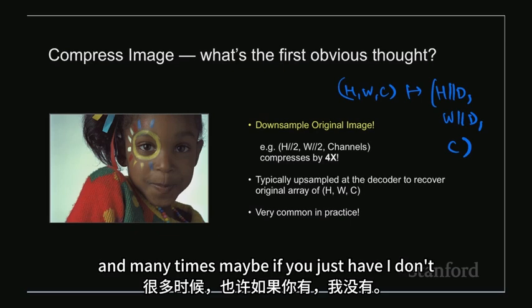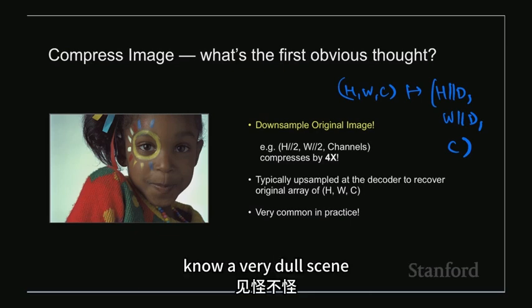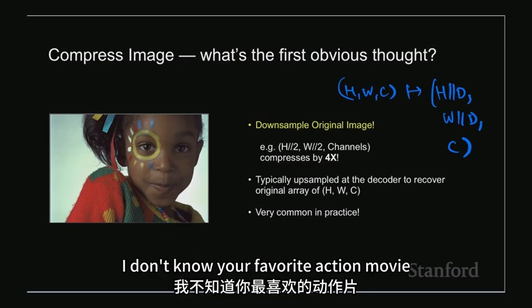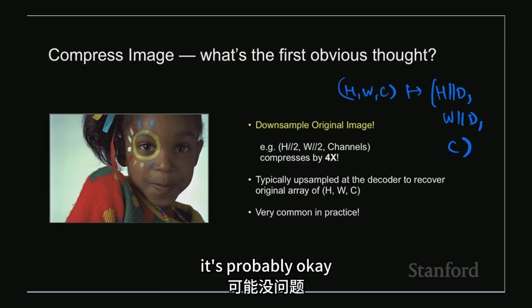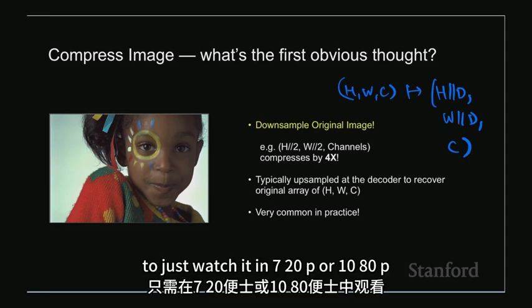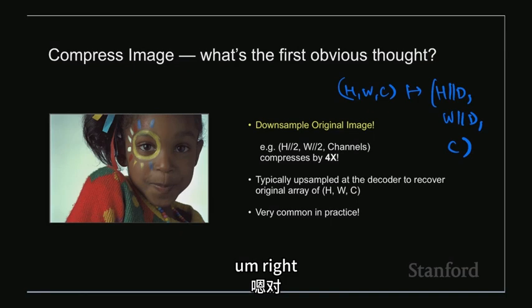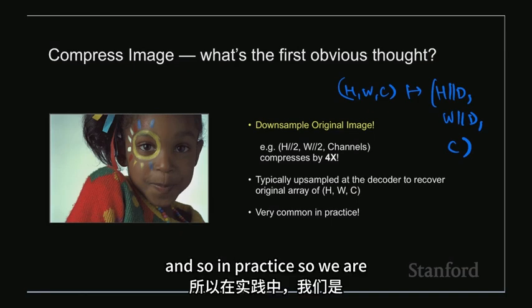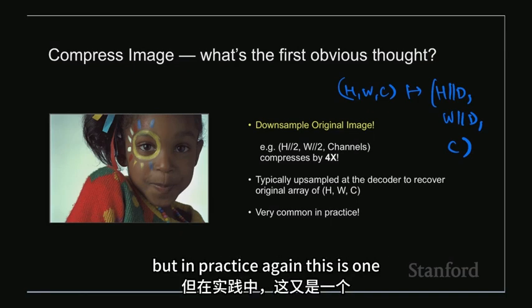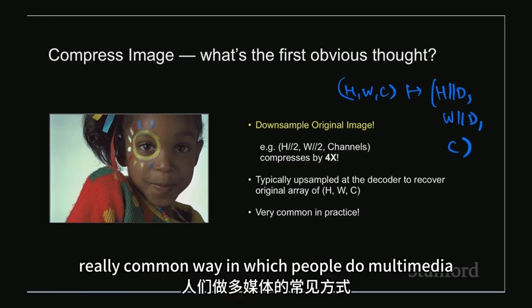And many times, if you just have a very dull scene, you are not really watching, I don't know, your favorite action movie, it's probably okay to just watch it in 720p or 1080p if you're watching, say, a boring documentary, right? So in practice, we're not going to talk much about it, but this is one really common way in which people do multimedia compression.